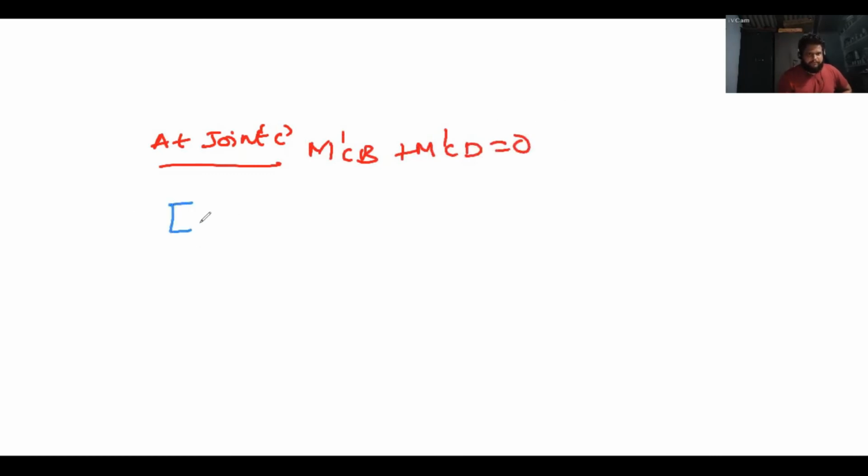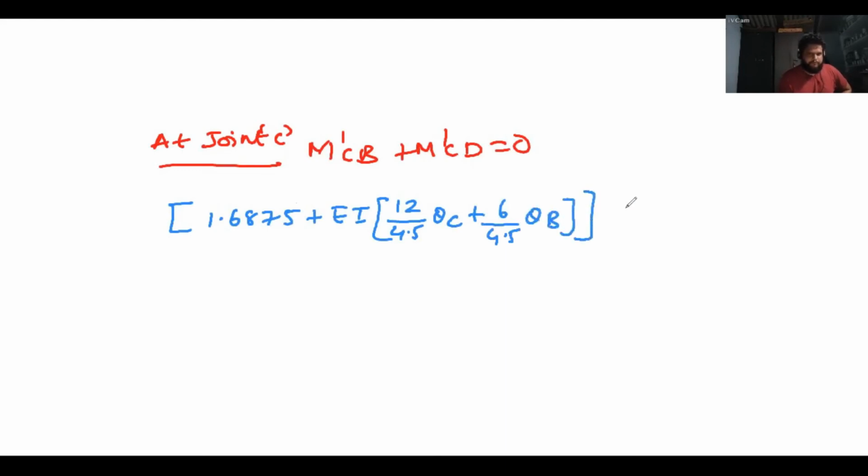Now M dash CB is 1.6875 plus EI times 12 by 4.5 times theta C plus 6 by 4.5 theta B. This complete term is the M dash CB value.